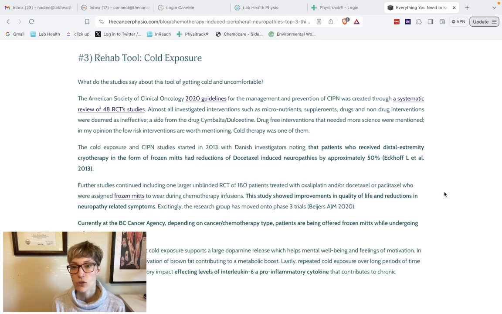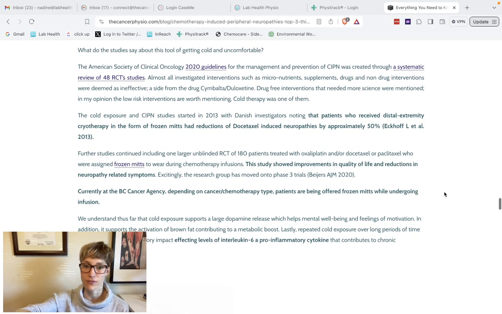And this study too showed improvements in quality of life and reduction in neuropathy-related symptoms. And what I found really interesting is that now currently at the BC Cancer Agency, depending on the cancer and chemotherapy type, some patients are actually being offered these frozen mitts. So I think that that's really cool. It's a low-risk intervention. It's a relatively accessible and cheap intervention. So I want to roll with that a little bit and give people the accessibility to do this safely.